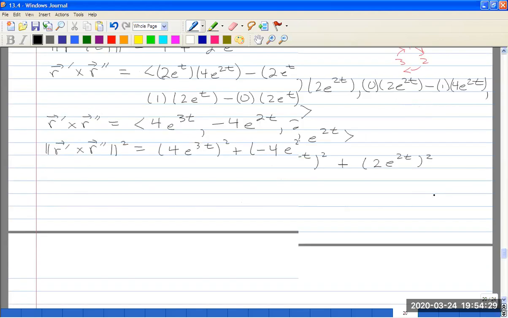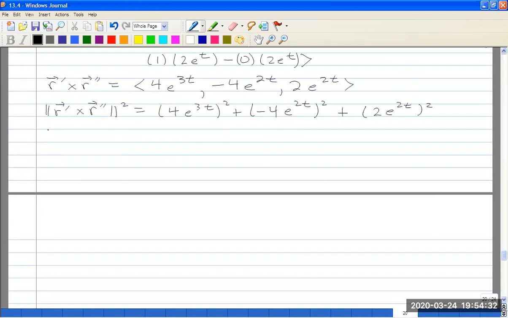And so this is equal to 16e^{6t} plus 16e^{4t} plus 4e^{4t}. Combine like terms.